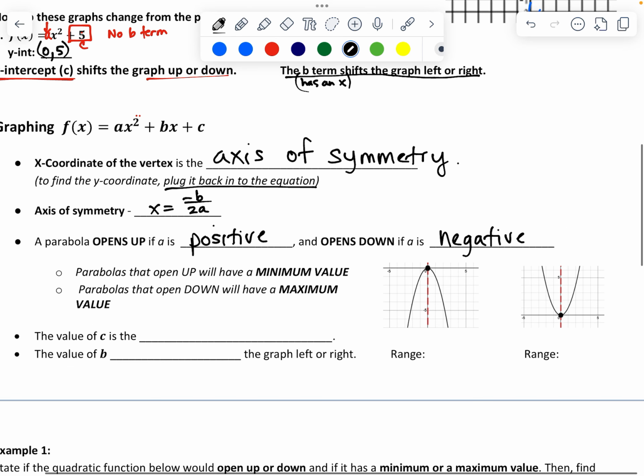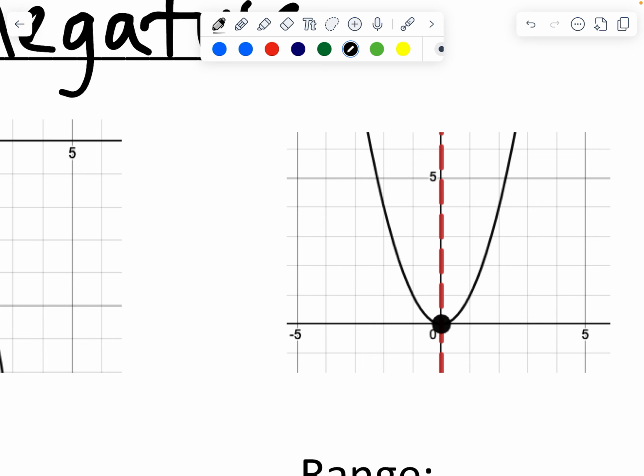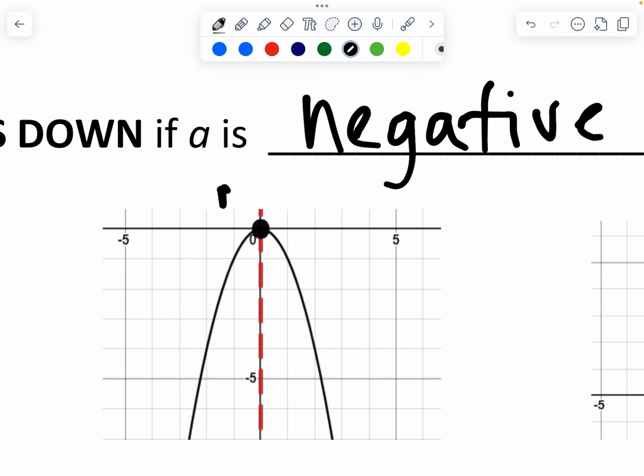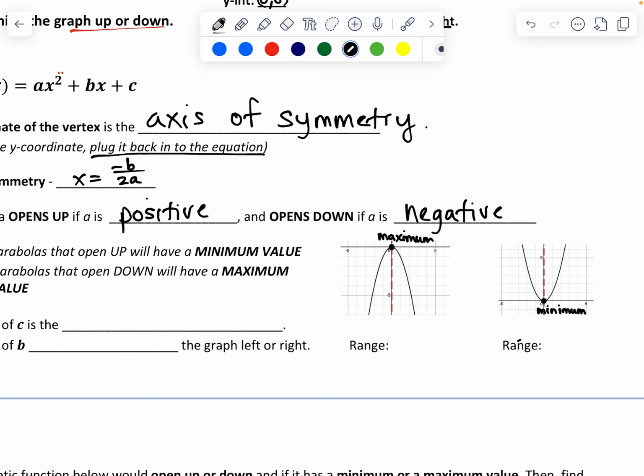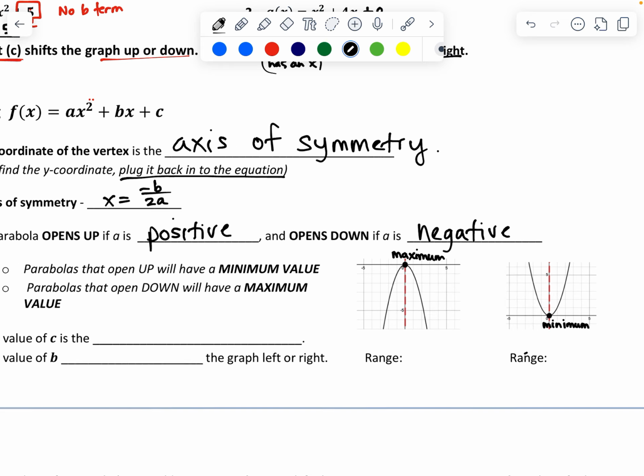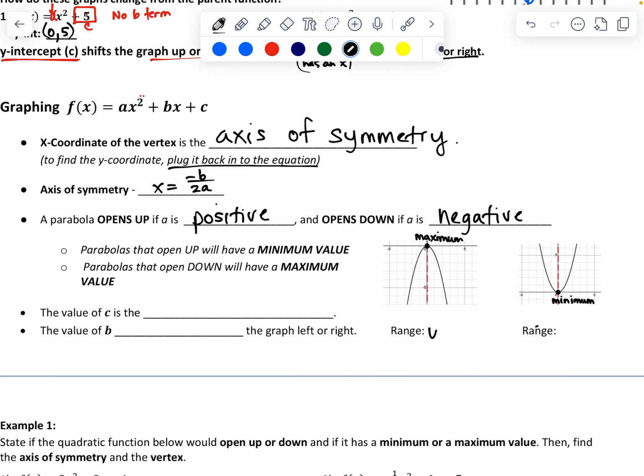All right. Parabolas that open up will have a minimum value. So this one opens up, and this one is a minimum. And this one opens down, so that has a maximum value. When we talked earlier about the parent function, x squared, the range, if it's a maximum, is y is less than or equal to 0, or whatever the y value is.